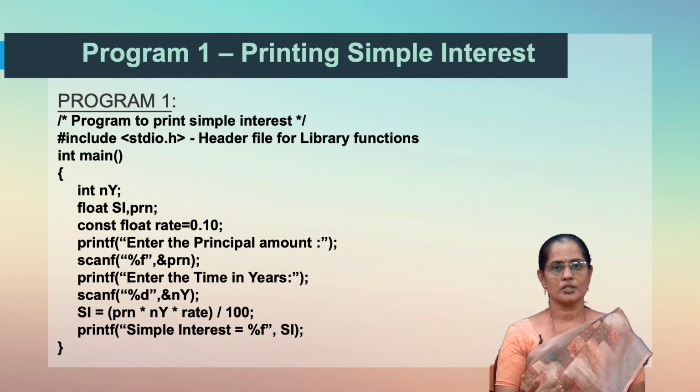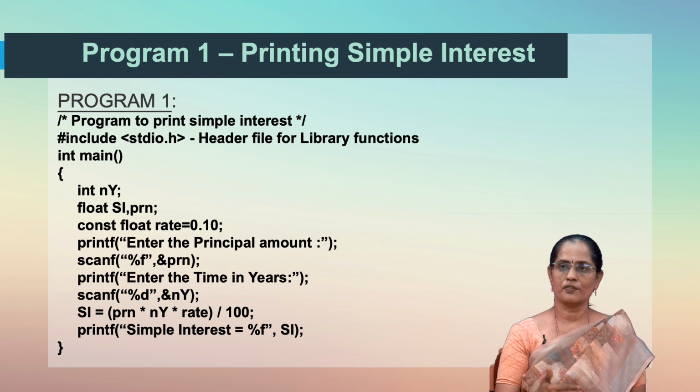Then I am calculating the simple interest by using the formula principal into number of years into rate of interest divided by 100, that is PNR by 100, and that simple interest would have to be displayed as an output. So, what we are doing? We are applying the printf statement which we have already encountered and which is used for displaying the simple interest value.